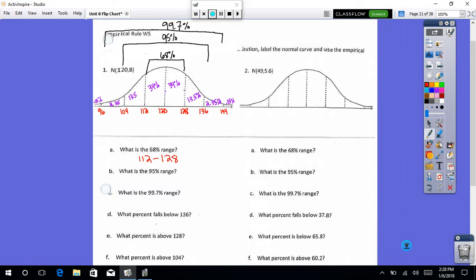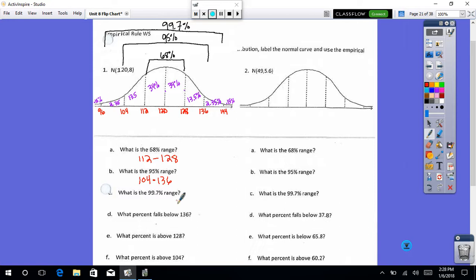The 95% is from this line all the way out to this line, which is 104 to 136. So 95% of our bowlers in this league can score between a 104 to 136.